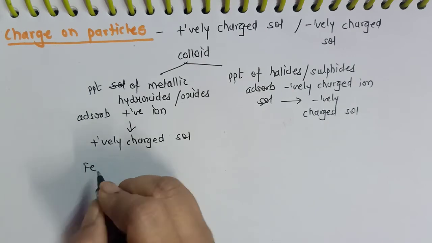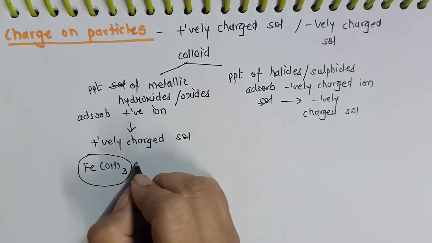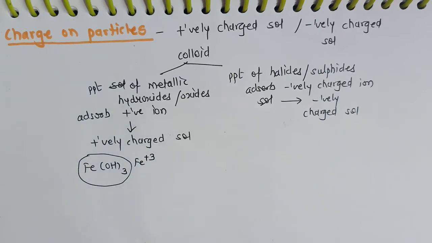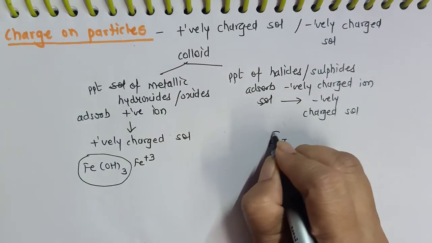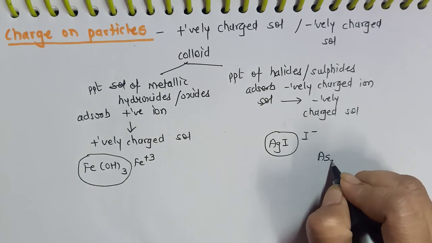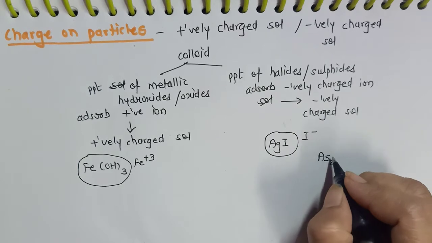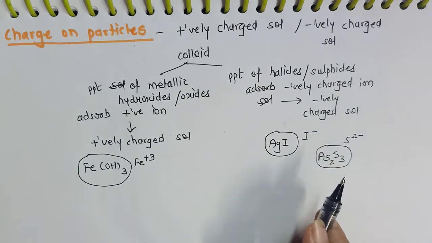We have seen that the precipitate of Fe(OH)3 adsorbs Fe3+. So now this has formed a positively charged sol. On the other hand, silver iodide will adsorb iodide, forming a negatively charged sol. The sol of arsenic sulfide adsorbs S2-, resulting in negatively charged sol.